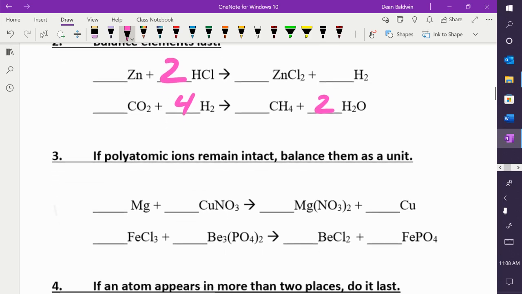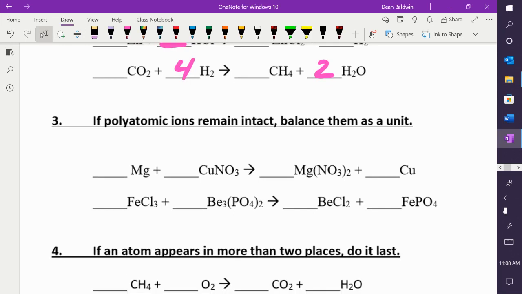All right. Okay, polyatomics. Balance them as 1. Again, do I want to start with the magnesium? No, because it's pure, so you leave it. Copper again, pure, leave it. So we look at the polyatomic, the nitrate, NO3. How many NO3s are on this side? 2 NO3s, right?